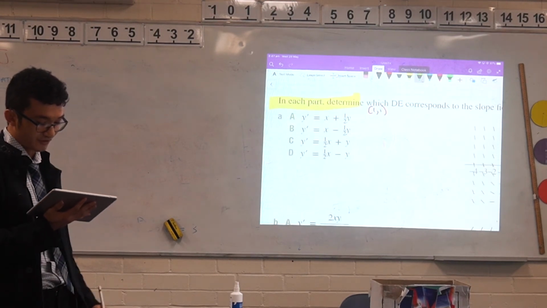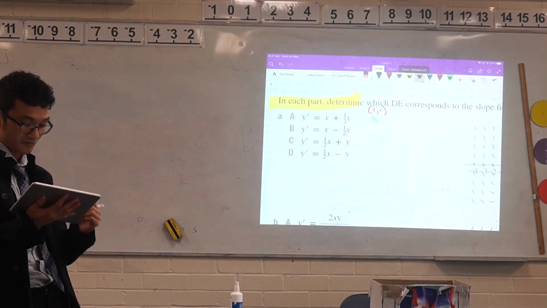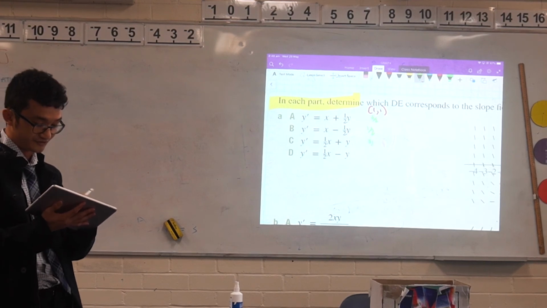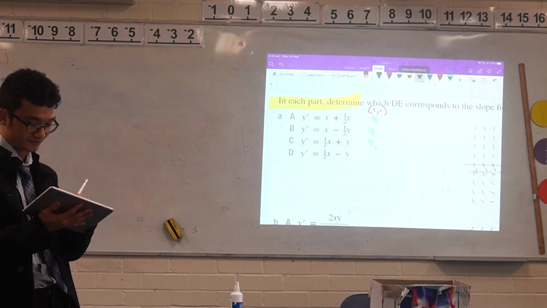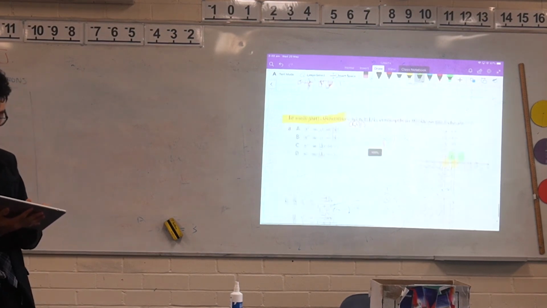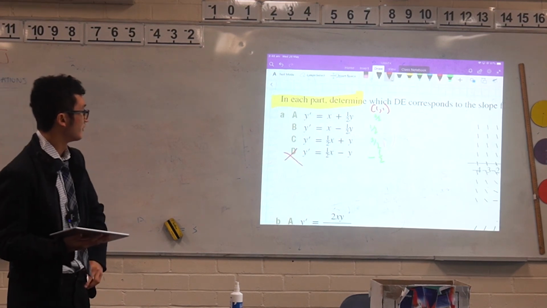So what have we got here? We've got 3 on 2. Half. This one gives me, again, 3 on 2. And this one gives me, oh, this one's different. This is -1/2, yeah? And we know the gradient should be positive, so we can already rule out one of them. Yeah, go to D.